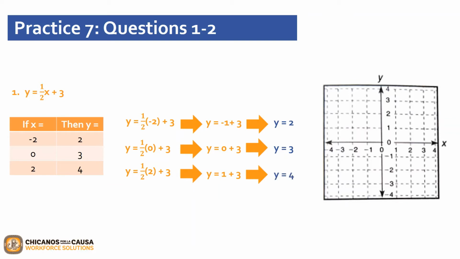Now we have 3 ordered pairs that we're going to plot on our grid. We have (-2, 2), (0, 3), and (2, 4). Lastly, we are now going to create a line. So this is the line that is created by this equation.